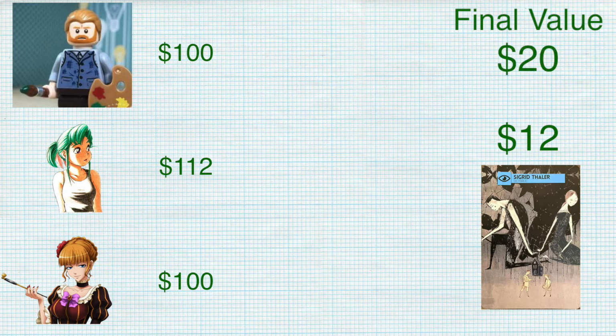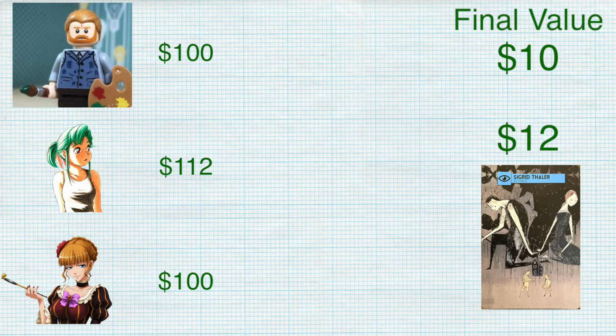If the painting goes for $20, you'll still make a profit. It won't be as high as before, but it's not too bad. You'll make a profit of $8. That's 20 minus 12 to get 8. That gives you a total of $108, leaving you in second place. But if the painting goes for $10, you don't make any profit at all.